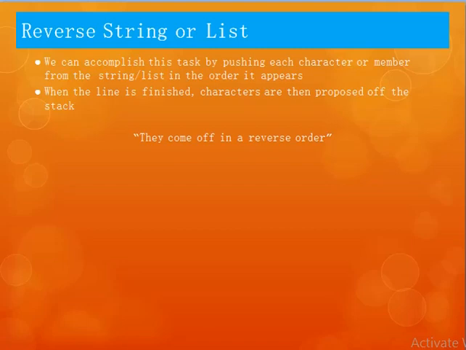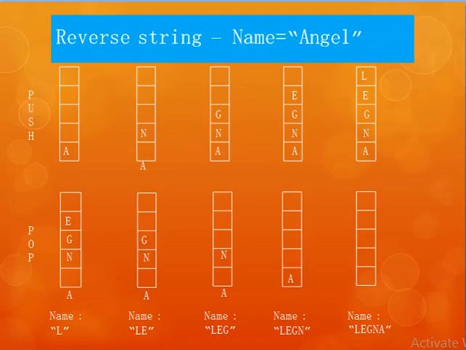This process is called reversing a string or list. If I perform the push operation into the stack for the word ANGEL, at the initial level the stack is empty, and I am going to perform the insertion operation. The stack has a capacity of 5 elements.